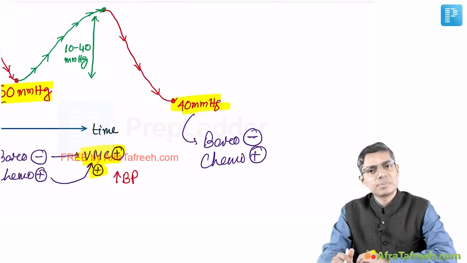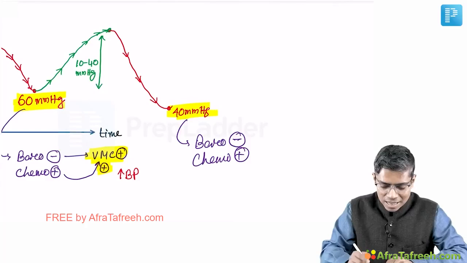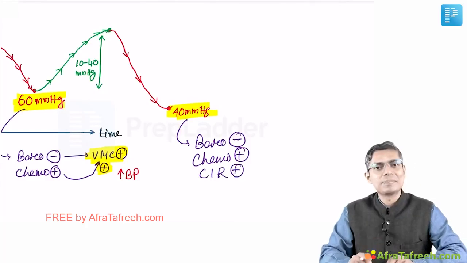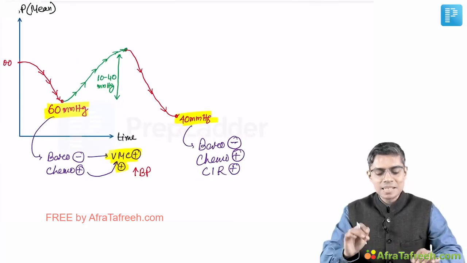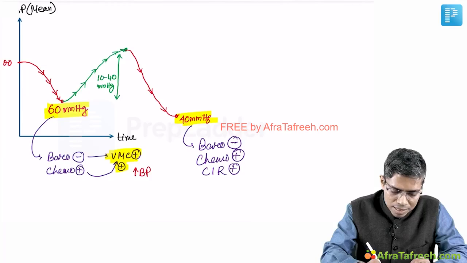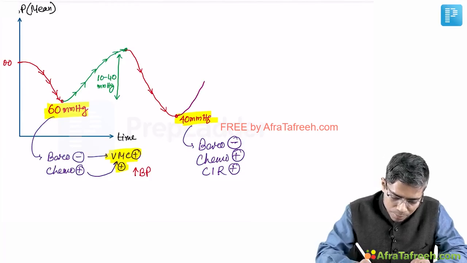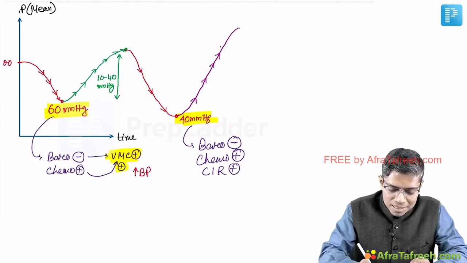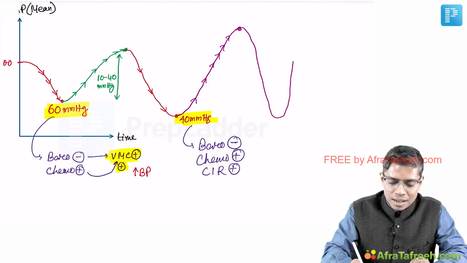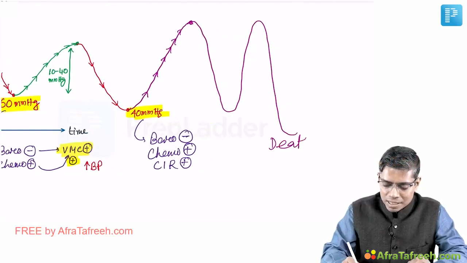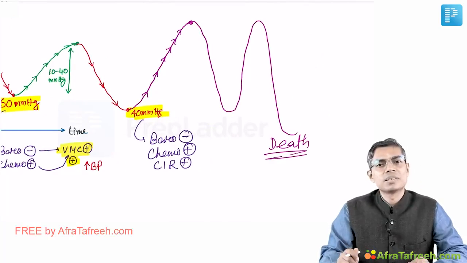Additionally, another mechanism will also be activated, and that is nothing but the CNS ischemic response. I told you that CNS ischemic response is one of the potent responses. It will try to raise your blood pressure as much as possible, and this kind of fluctuation of blood pressure will continue for some time until and unless there is death of the person.